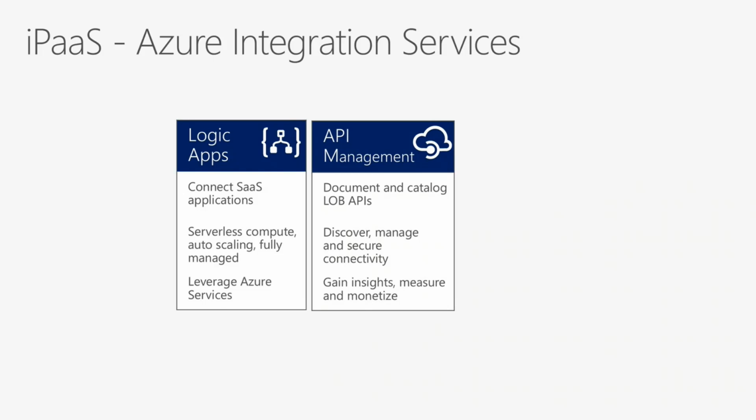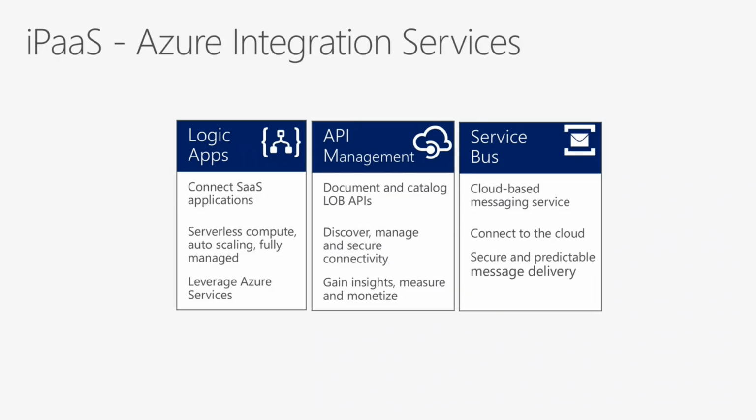So, you have the ability for API management, so you can document and catalog all of that, as well as discover and manage. You can do RBAC to control permissions. You can employ DevOps. You have access to the service bus, so all of your messaging service throughout Azure, being able to connect to essentially anything there, as well as even across your cloud properties.